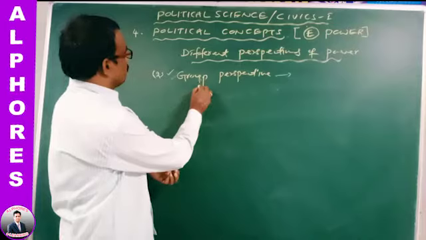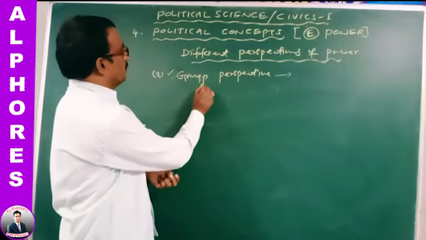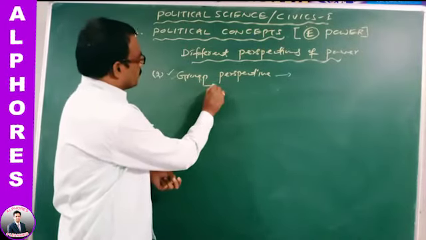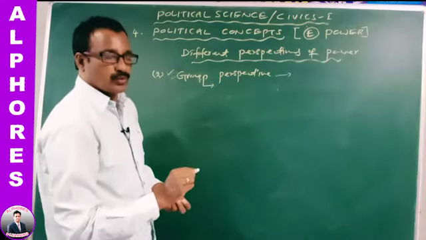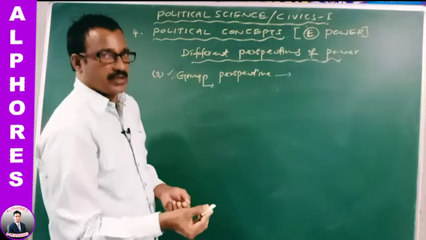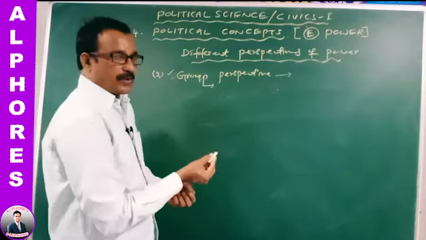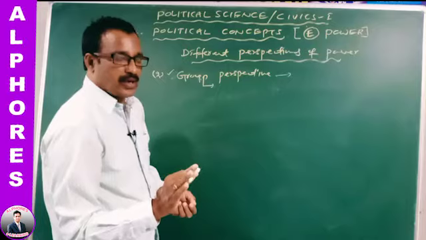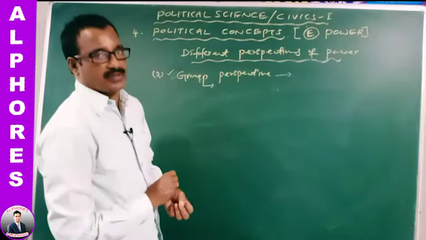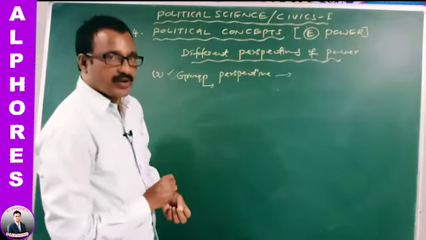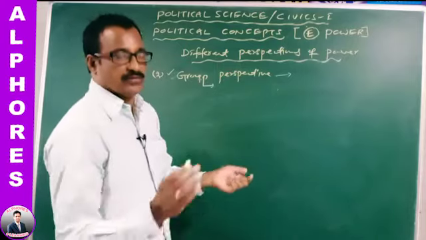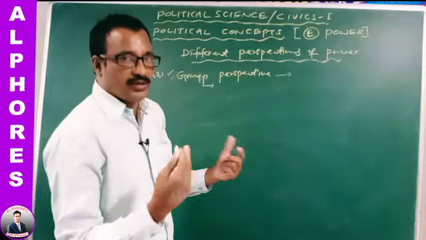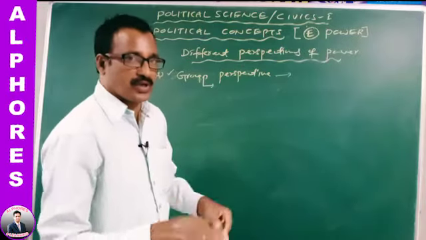So once again you remember that this perspective divides the society into two groups, dominant section and dependent section. But according to this perspective, power is not in the hands of the dominant sections. Clear? The power is divided among the different organizations or different groups in the society.